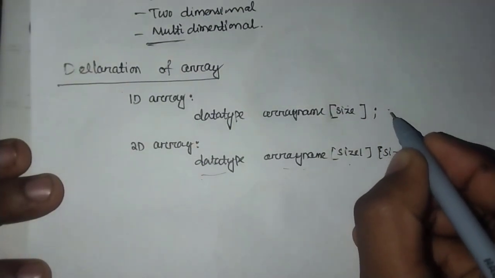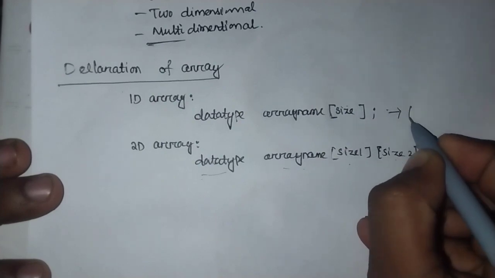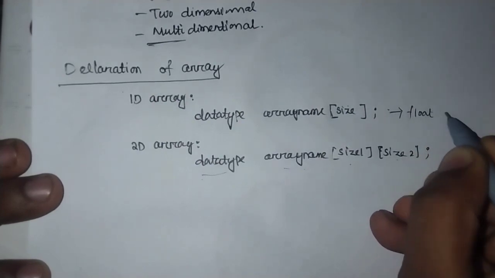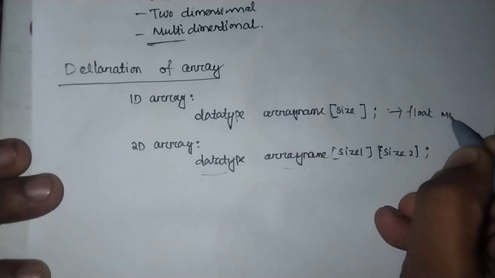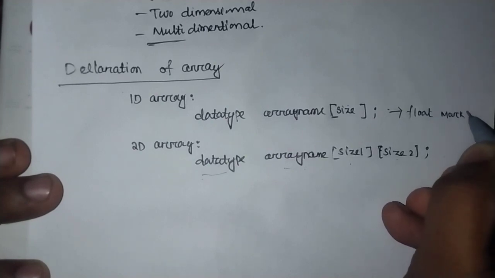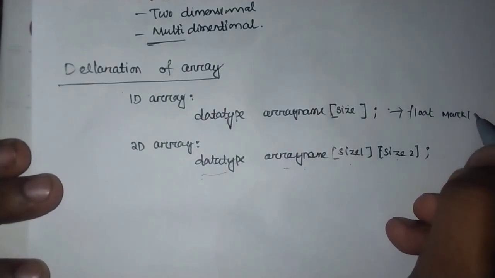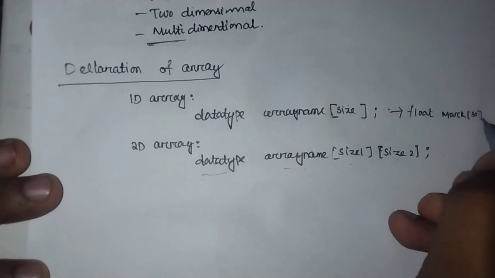The example of a 1D array is float mark[30]. If you want to store the marks of 30 students, then we write 30.